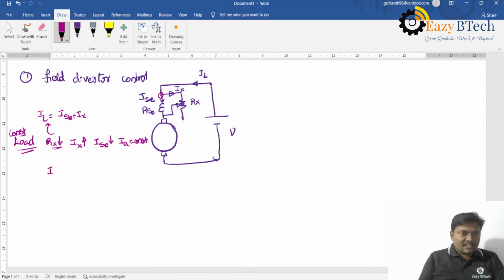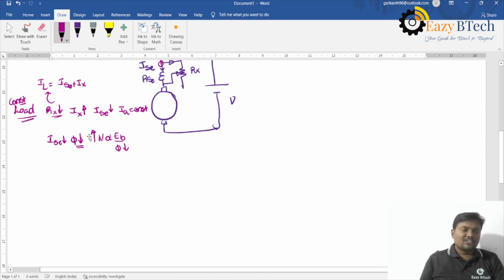If ISC decreases, the flux produced by the series field winding decreases. We have one relationship, N is directly proportional to EB by φ. If φ decreases, the speed of the DC series motor increases.